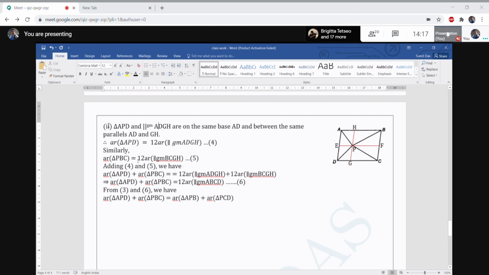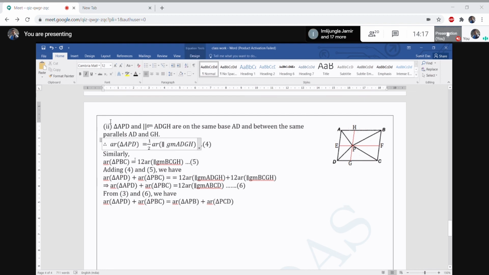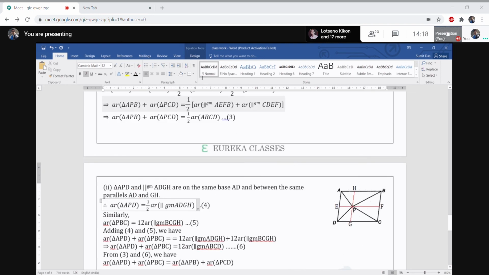So area of APD will be equal to half of area of parallelogram ADGH. Fine, that is number 4.